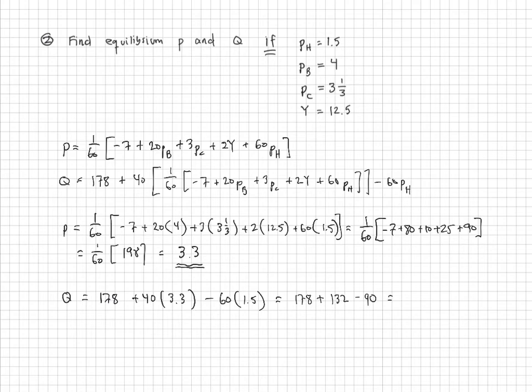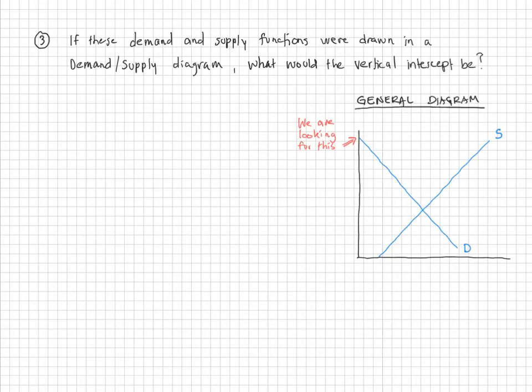And therefore the quantity is equal to 220. And there we have it. Now we have our equilibrium price and quantity given the values for the variables. All right, I'm going to the next screen to solve the last problem.